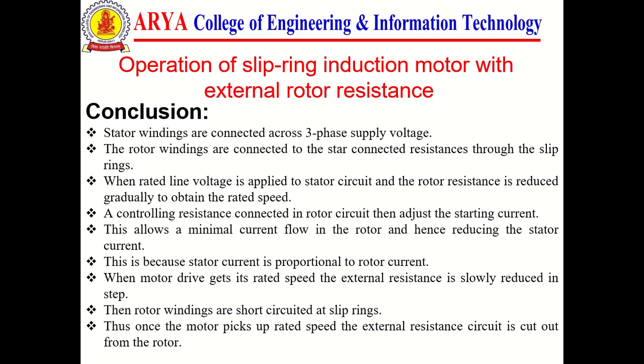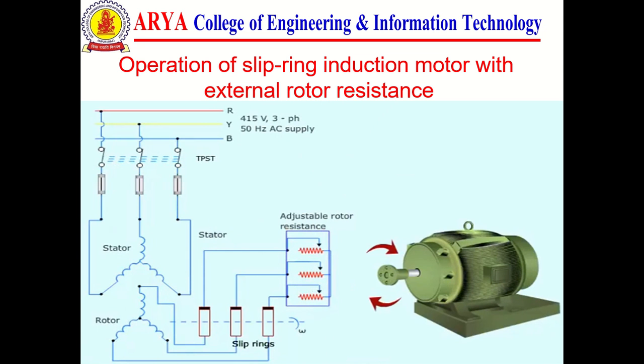When the motor drive gets its rated speed, the external resistance is slowly reduced step by step. Then rotor windings are short circuited at the slip rings. You can see here, these are short circuited because the resistance is removed.